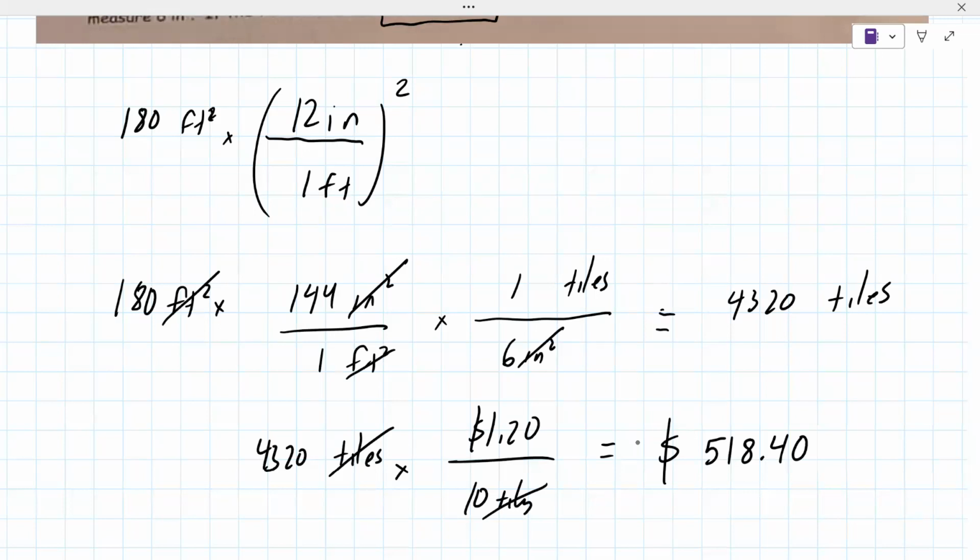For 10 tiles, yeah, they come in packs of 10, and that's 12 cents each, which is actually a great price for tile.